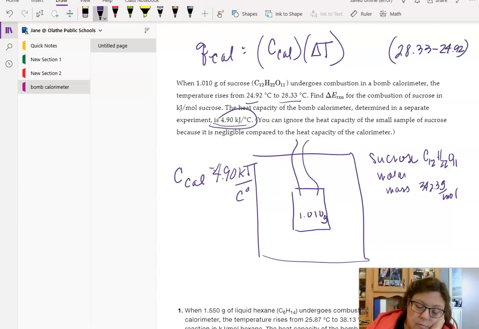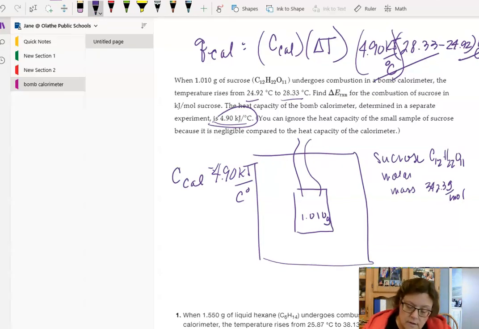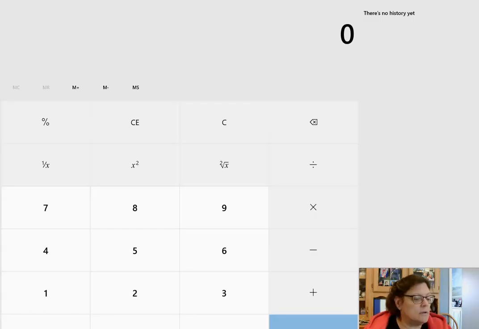And the calorimeter value is 4.90 kilojoules per degree Celsius. Our Celsius cancels, and we're going to go through and multiply that out. Here I'll do that on my calculator.